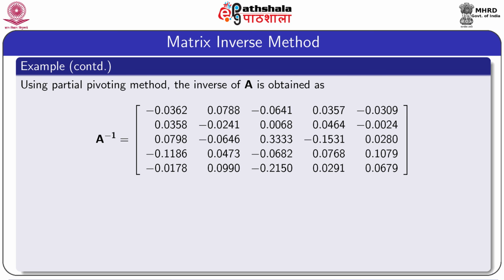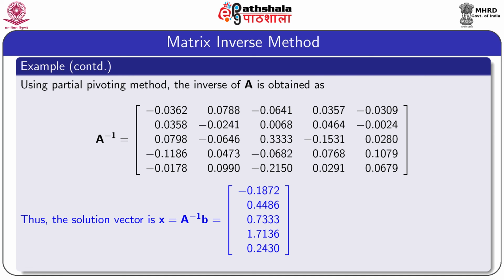The size of the matrix is 5 by 5, and the solution vector is x equal to A inverse b as per definition, and this is equal to minus 0.1872, 0.4486, 0.7333, 1.7136, and the last one is 0.2430.